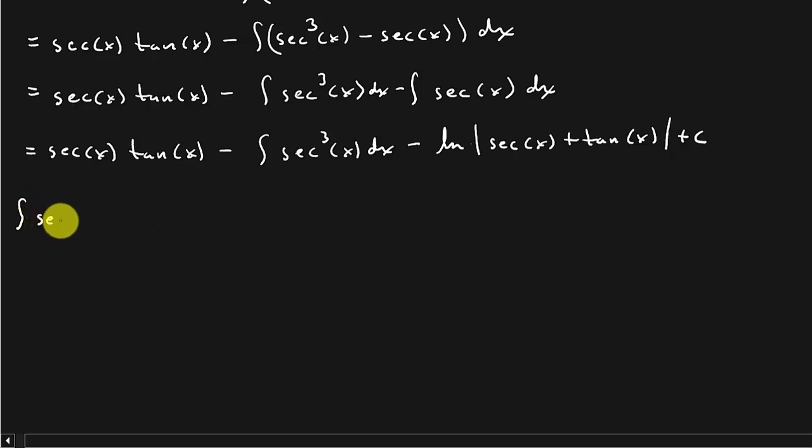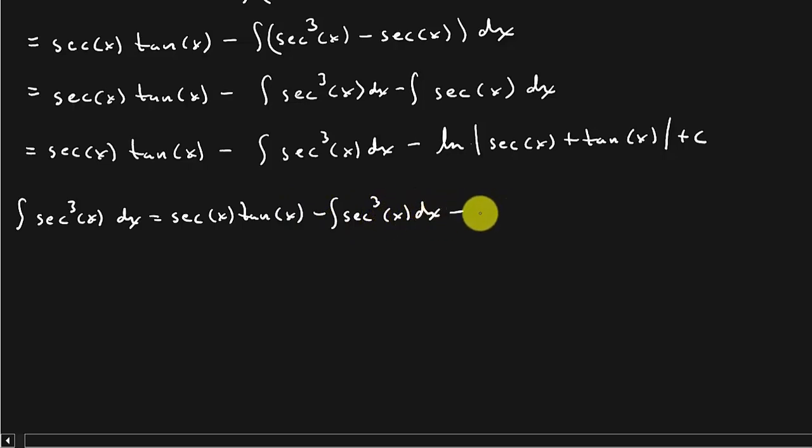The integral secant cubed x dx is equal to secant x tangent x minus the integral secant cubed x dx minus natural log absolute value secant x plus tangent x plus c.